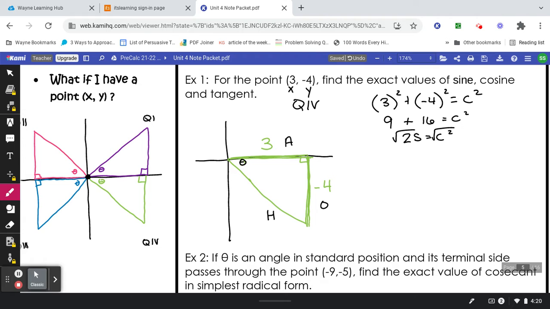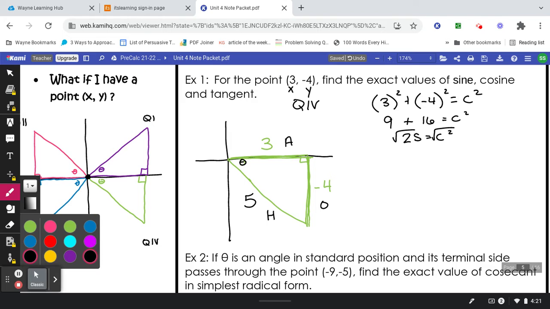Square root of 25 is 5, so that missing side is 5. Now the hypotenuse can never be negative, so I know that that +5 has to stay a +5. Now I have all 3 sides of the triangle, so it's time for me to write my final answers here.